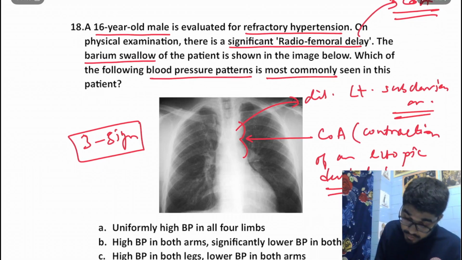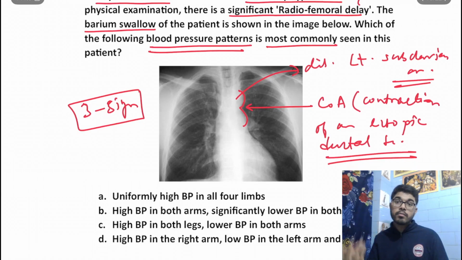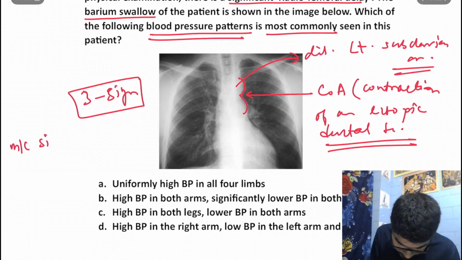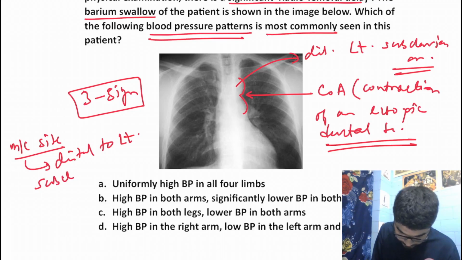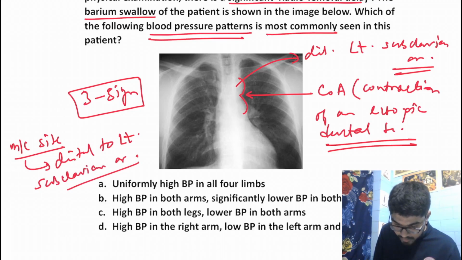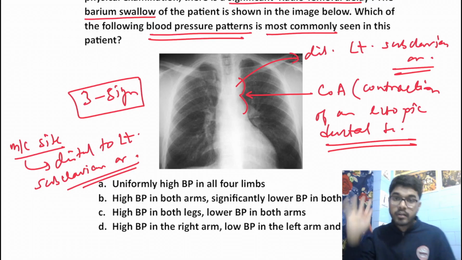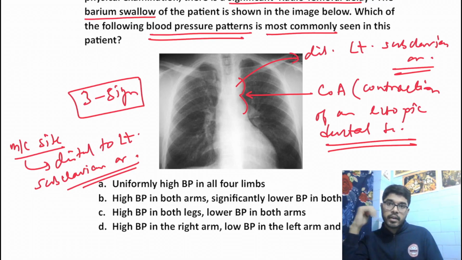Now the question is which blood pressure pattern is most common. Remember that the most common site in coarctation of aorta is just distal to the left subclavian artery. Even over here, just distal to the left subclavian artery, we have the coarctation.